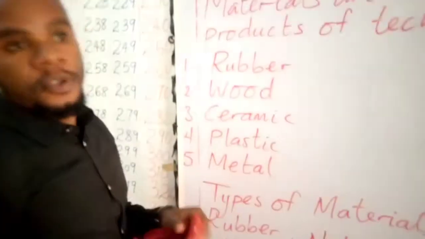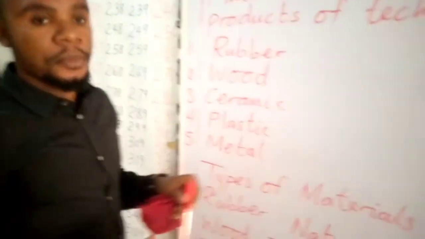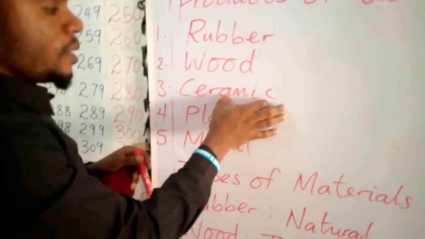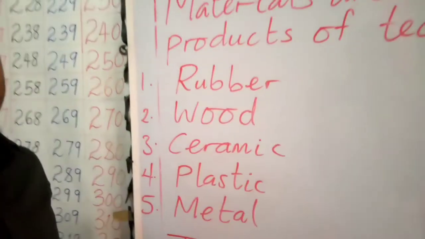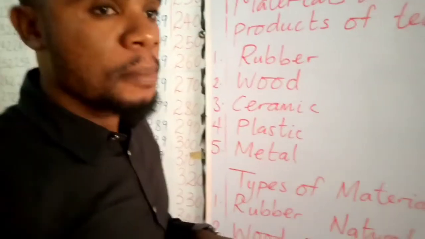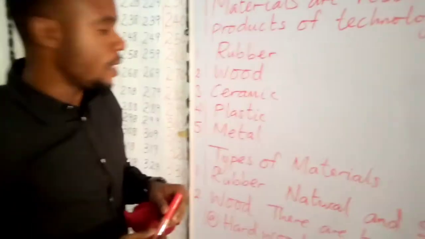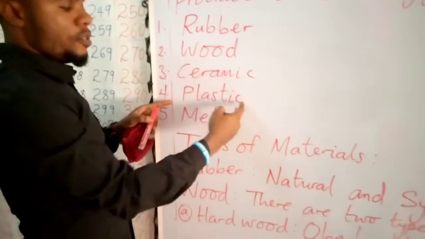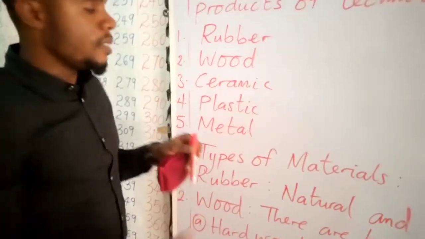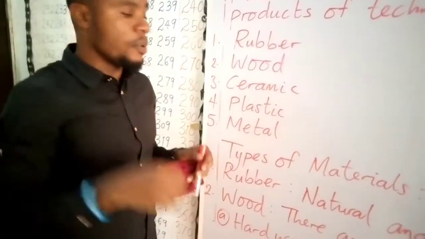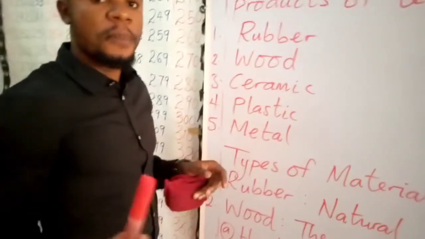You find this in your wooden wardrobes. We have ceramic. We find this in probably the teacup used in taking your tea. Plastic. We have so many types of plastics. We can find this in your water bottle and other forms of plastic.